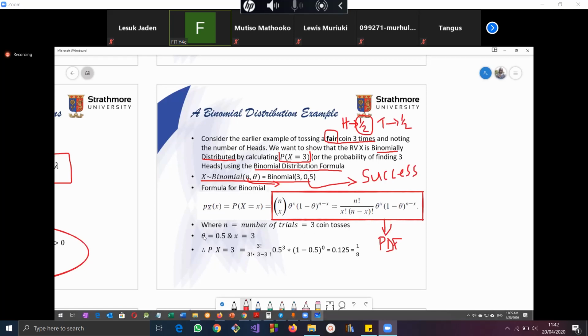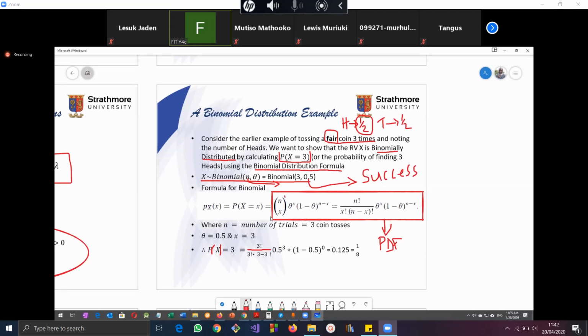So n is the number of trials, theta is the probability of success. In our case, n is 3 and theta is 0.5. If we plug all this into the formula, we are able to calculate the probability that X takes the value 3. Some things are not showing on my board, like this one is over, so just check.